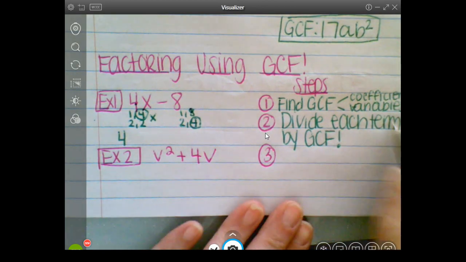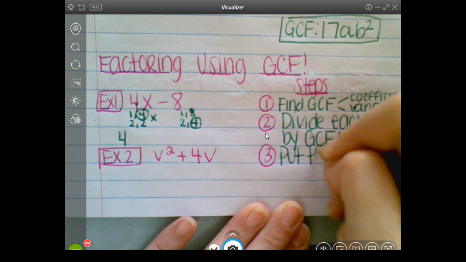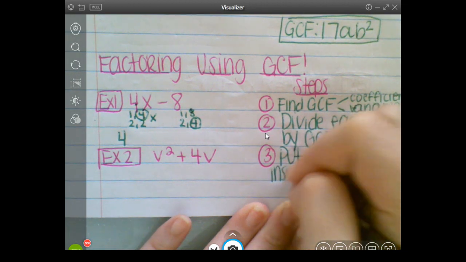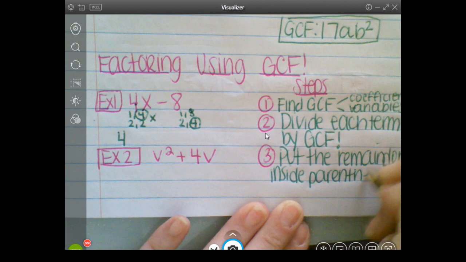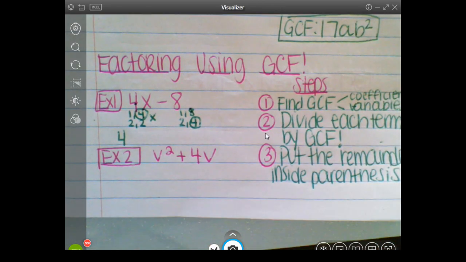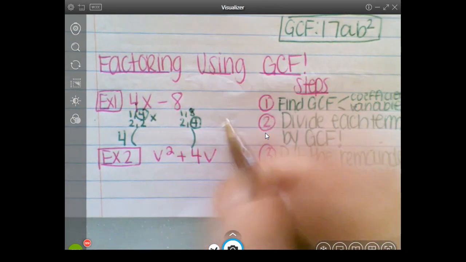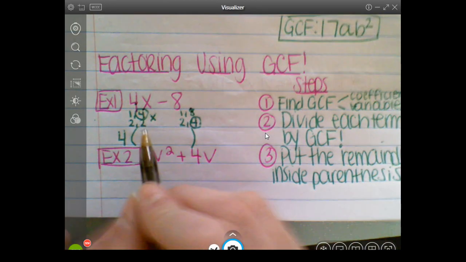When you divide each term by the GCF, you put the remainder inside parentheses. So every time you factor out a GCF, you then have parentheses, kind of like the same size as whatever your equation was or expression, and you fill in what's left.